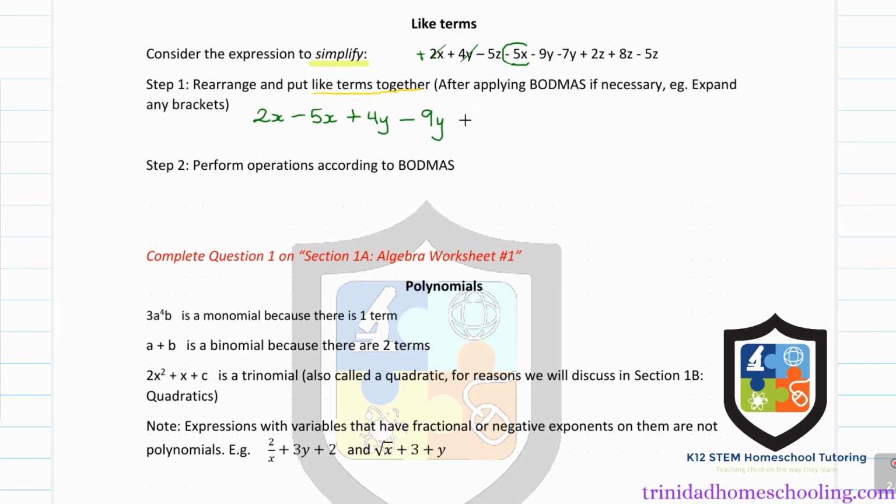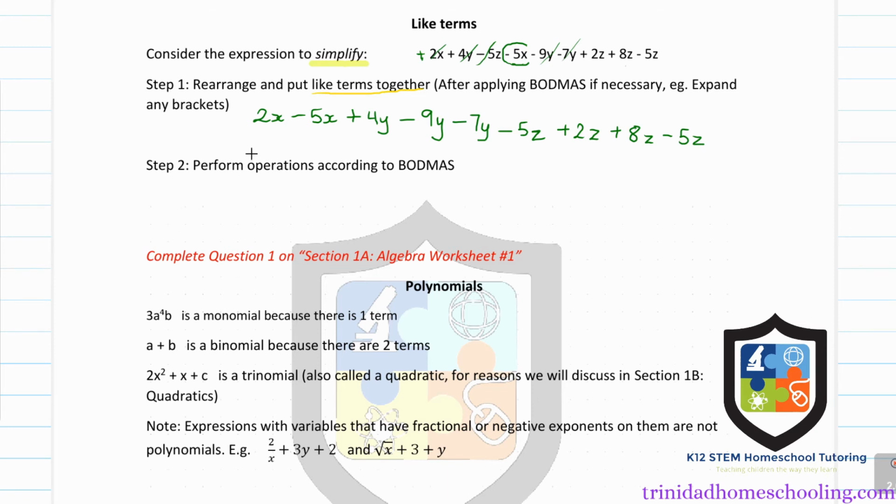We also have a negative 7y, and we have no other y terms here. Now we are at z's. We have a negative 5z, and we have 2z, 8z, and 5z. Now it's not just 2z, it's positive 2z, positive 8z, and negative 5z.